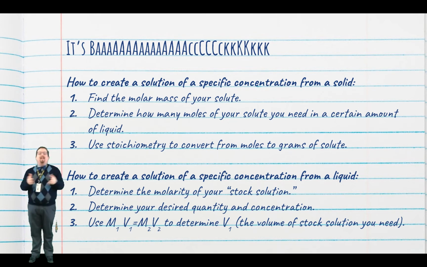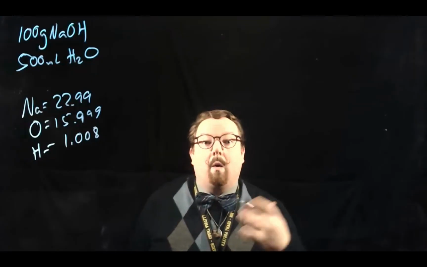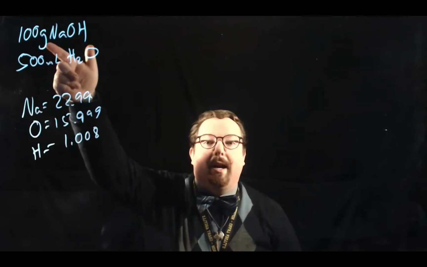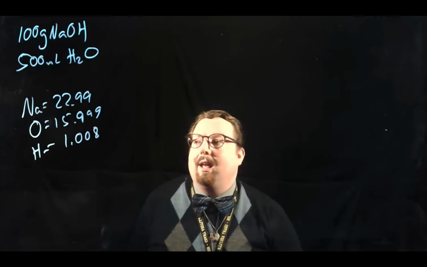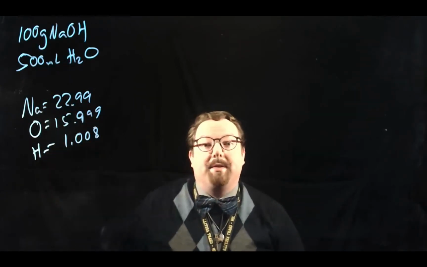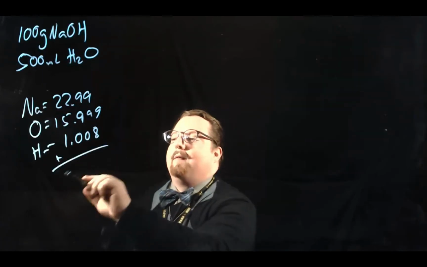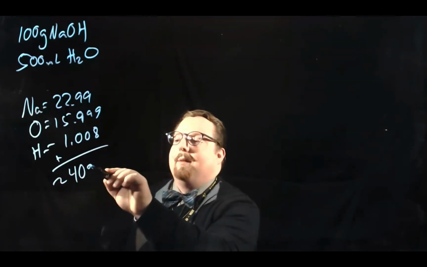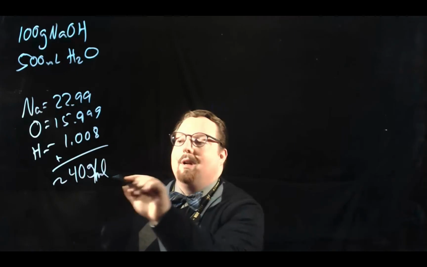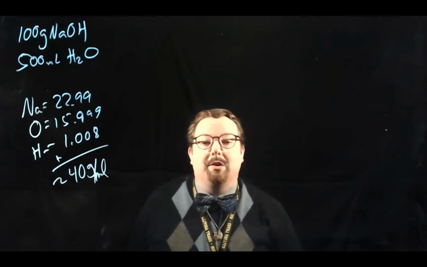So let's do a couple examples of those on the board. Okay, so the problem tells us 100 grams in 500 milliliters. Our atomic masses for each of our elements are here. If we add those up, we get about 40 grams per mole for our molar mass of NaOH.